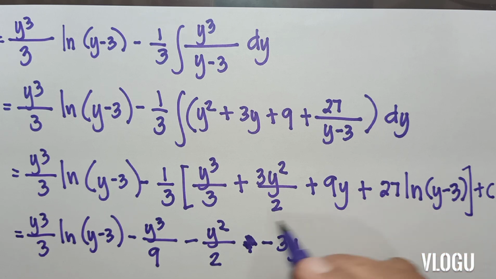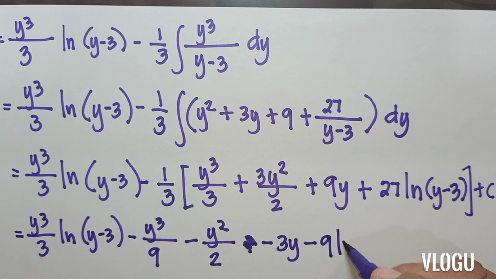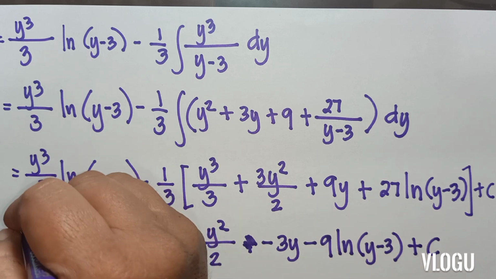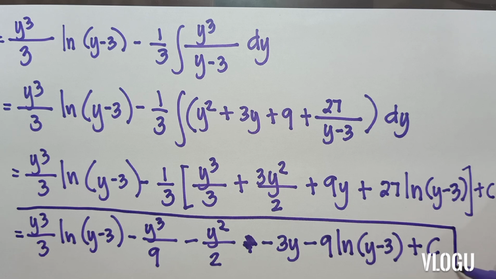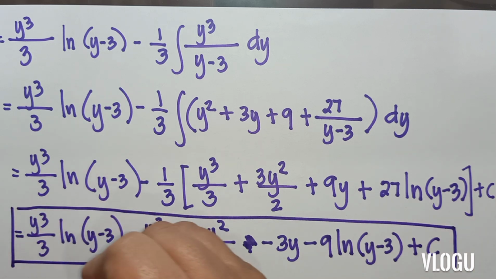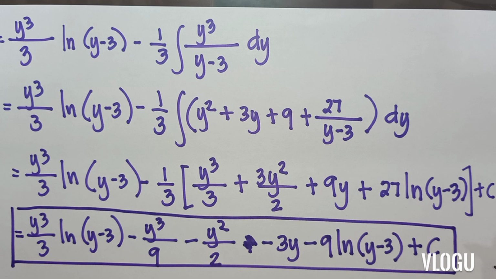Then 27 divided by 3, we have 9 ln (y minus 3) plus c. So this is now our final answer.